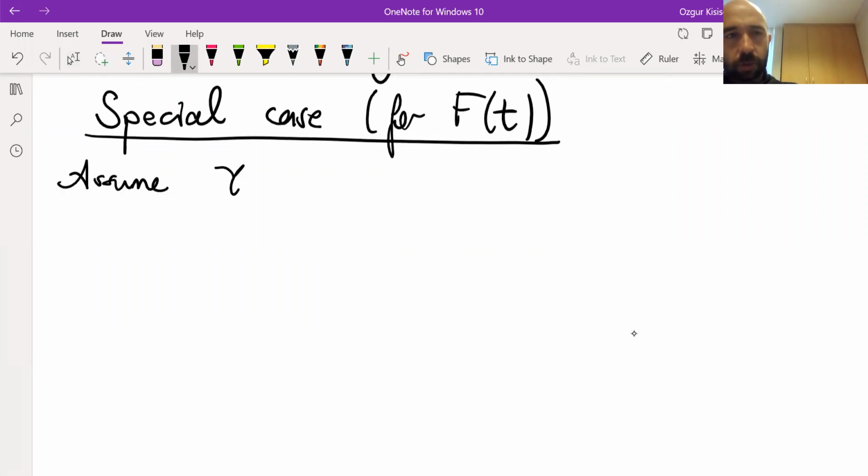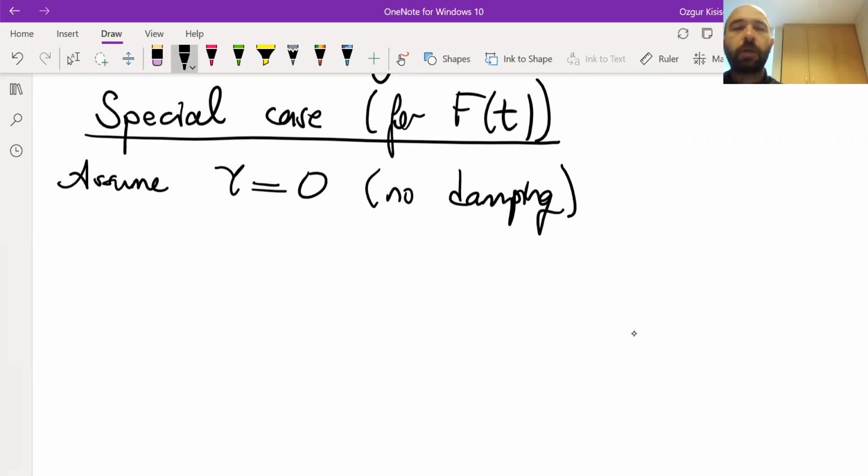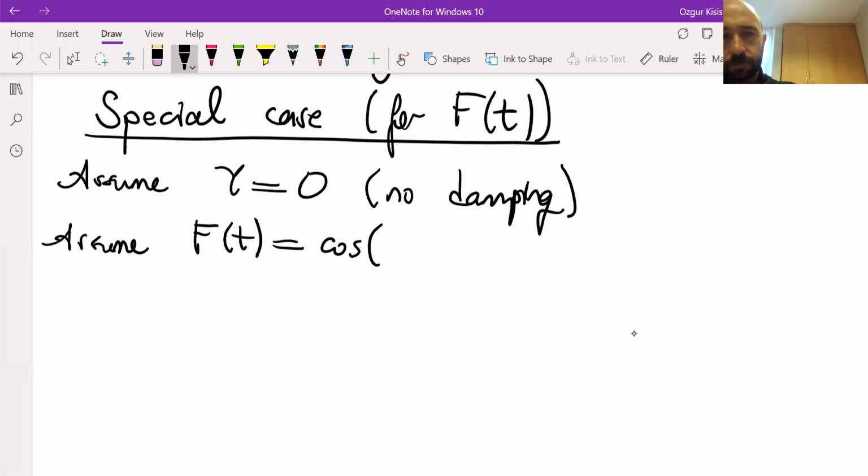So gamma is 0, no damping. And also assume that f(t) is of a very special form. It is simply cosine of omega times t. This omega is the external frequency.